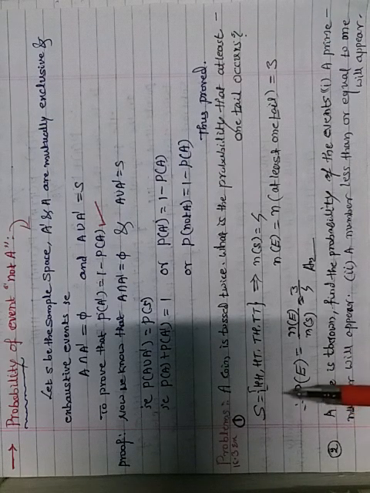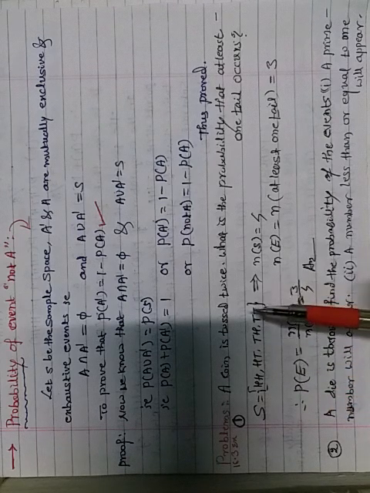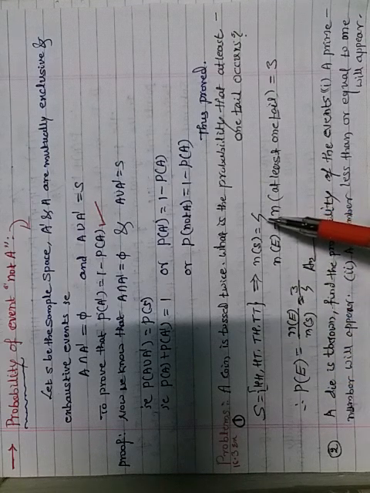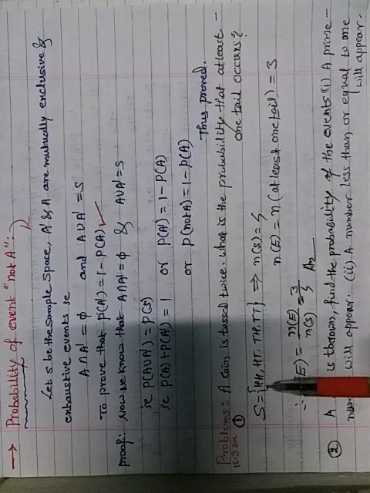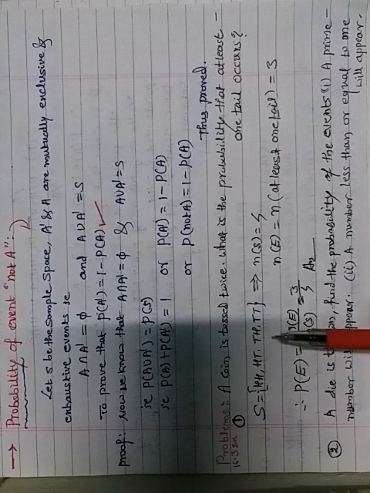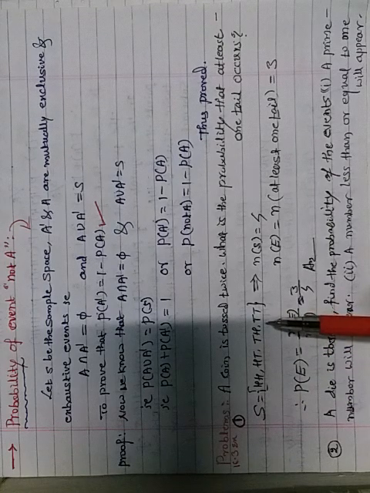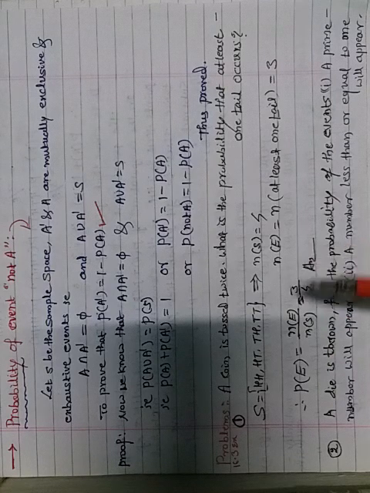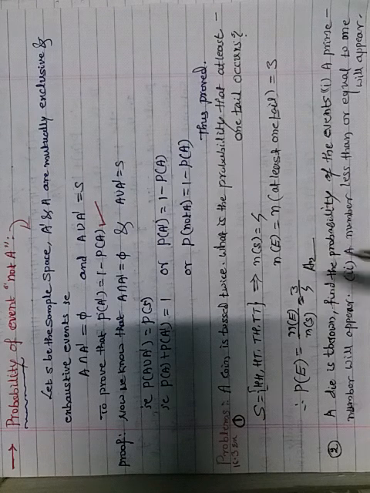The sample space S is given by: when a coin is tossed twice, the total number of outcomes becomes 4. They are HH, HT, TH, and TT. You are very much familiar with this sample space finding when the coin is tossed twice. Hence, n of S is equal to 4.